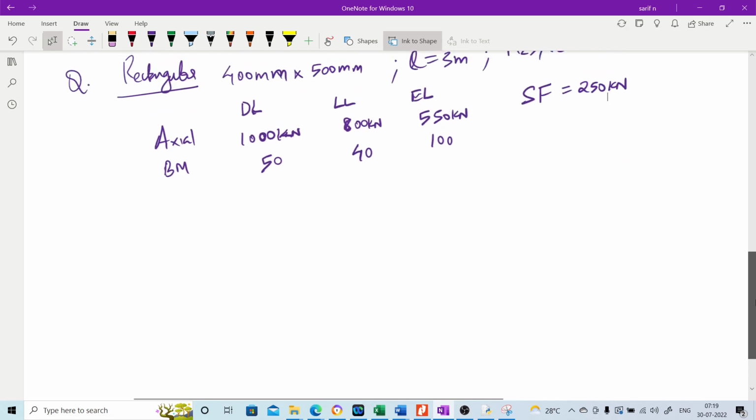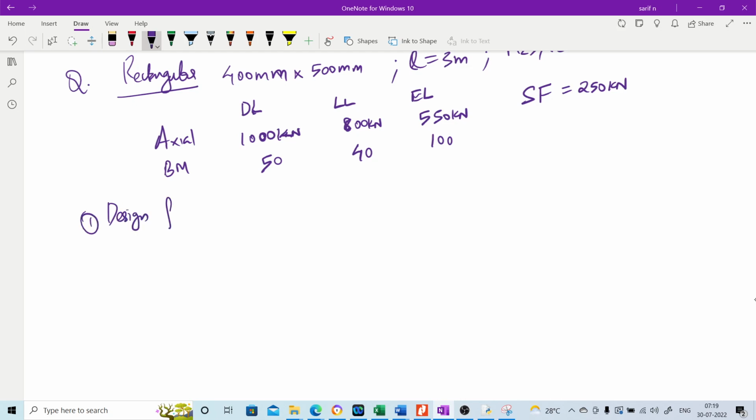Now, just like in a beam, the very first step is to find out the design moments as well as the design axial load. As you know, it has to be calculated based on two load combinations. So we have to calculate the design forces.